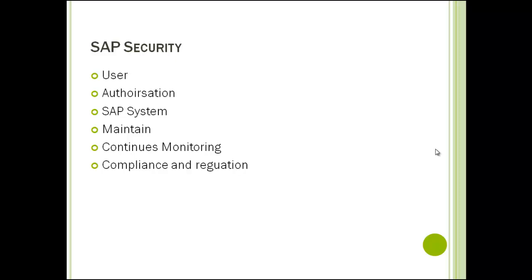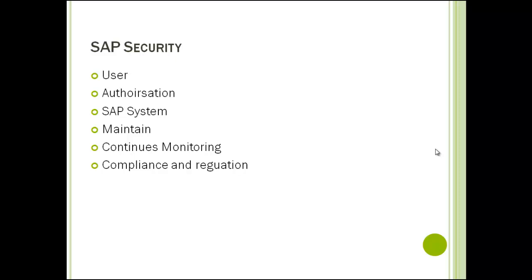So it is very important that we continuously monitor the security of the system in a specific time frame to ensure the system is very secure, and also compliance as well as regulation. Each company or each country will follow its own compliance and regulation policies based on their local laws and security requirements.